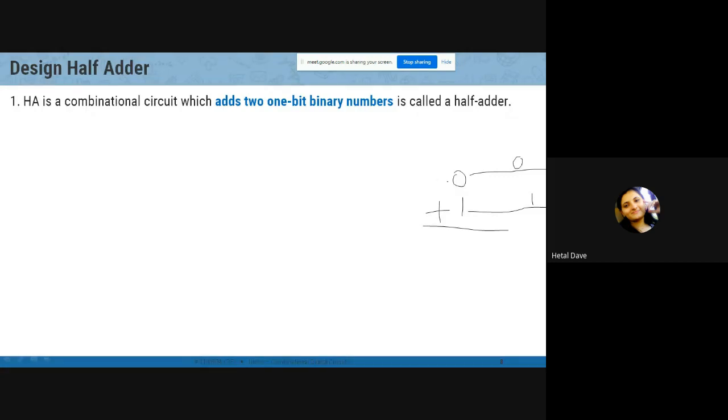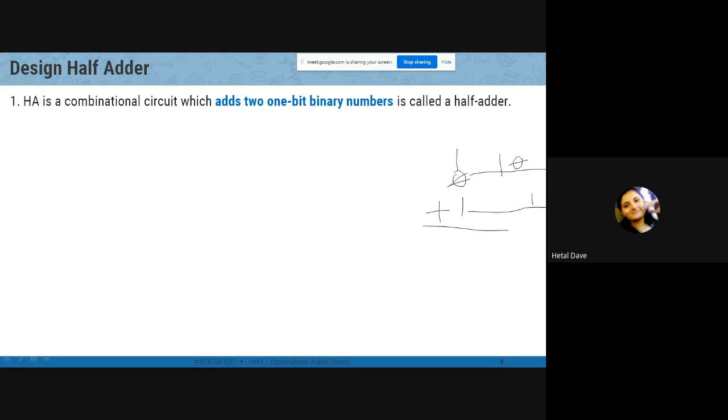So here I have taken 0 and 1. Sometimes, let's say some user wants to add 1 and 1. Then this input terminal will accept 1, and the second input terminal will accept 1.